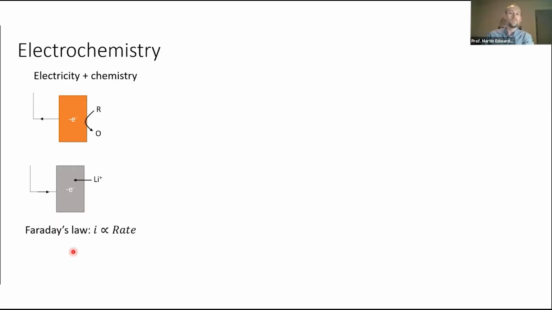The governing law that we think about in this process is Faraday's law, and that relates the current in the wire to the rate of whatever the chemical process is on the surface, and that underlies any electrochemical process, be it batteries or many other things.